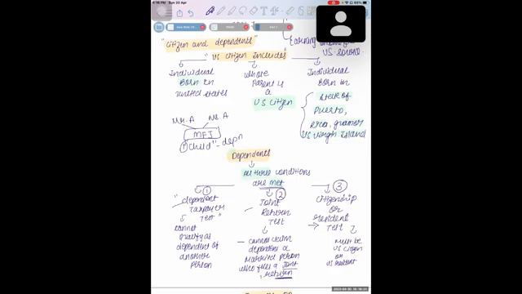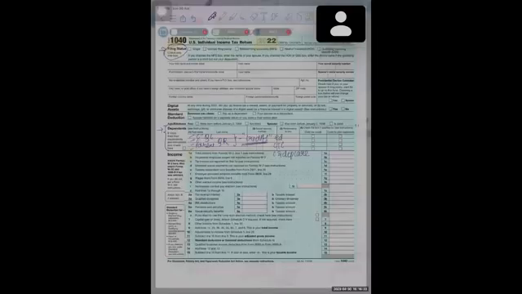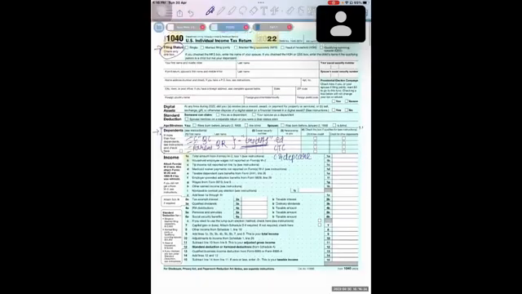If you see the format of the 1040, this is the 1040. You have to first select the filing status. Let's say MFJ is selected. You have to enter your first name, and your spouse's name. The taxpayer's name will be there, the spouse's name will be there.